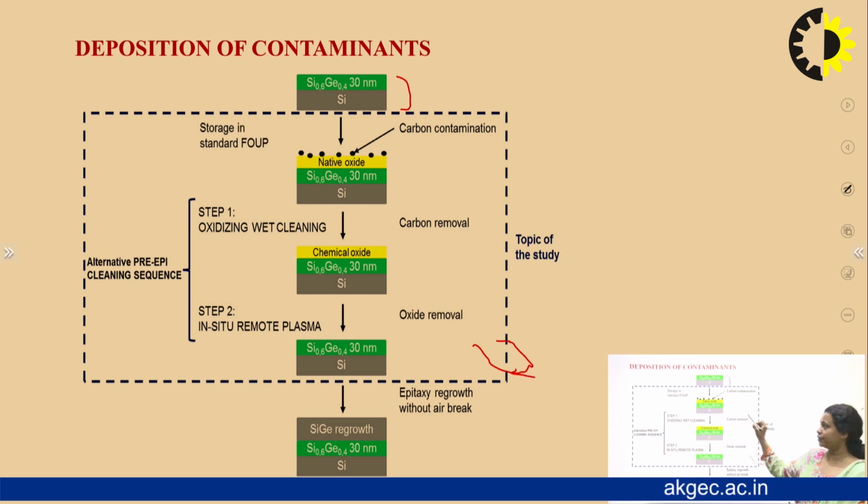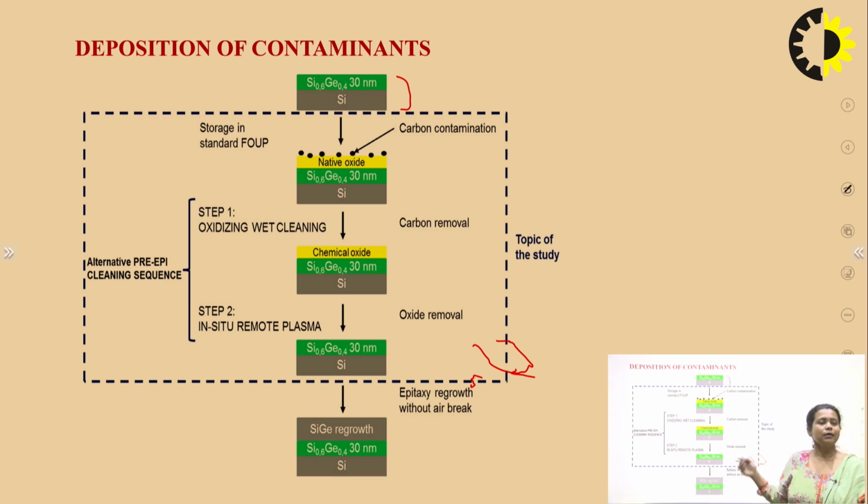There is a technique of the oxidizing wet cleaning method, so we remove that carbon contamination. Then this chemical oxide again we need to remove, so there is a method of oxide removal. We use these processes so that we can regrow our silicon wafer using different techniques that we are going to study in the next lectures, that is epitaxy basically.